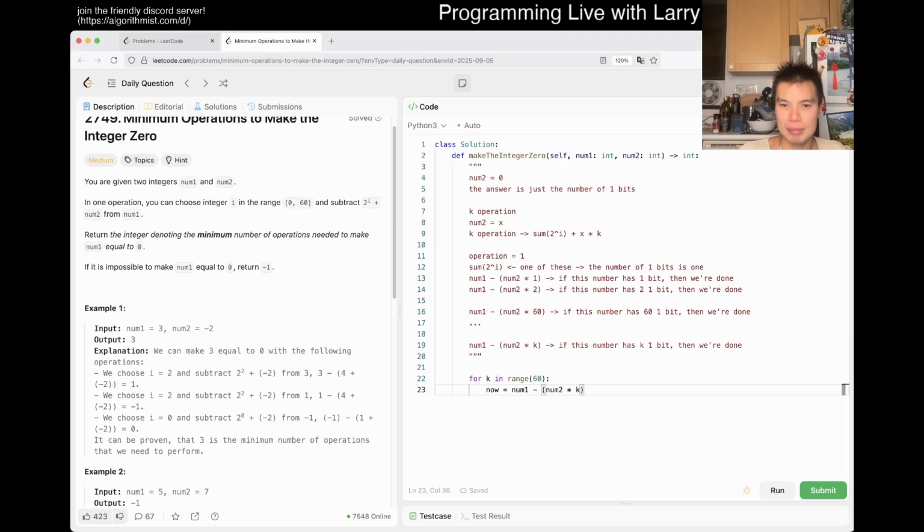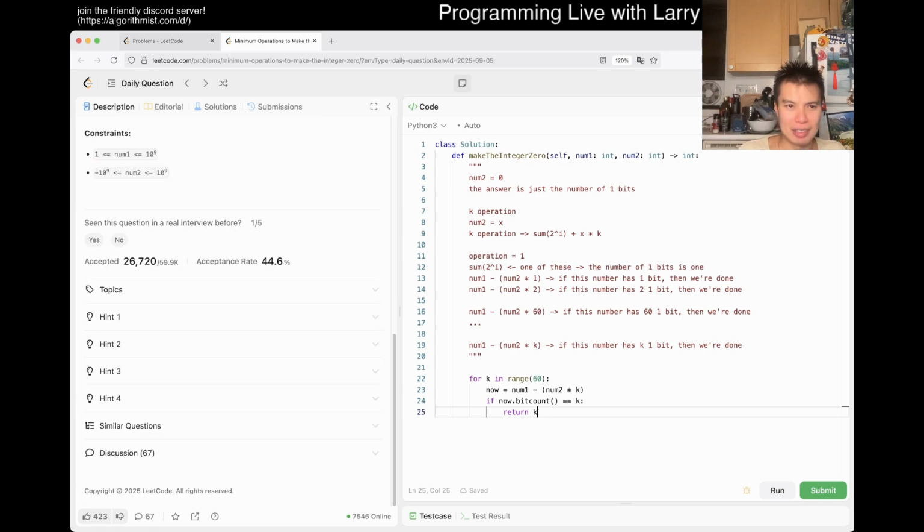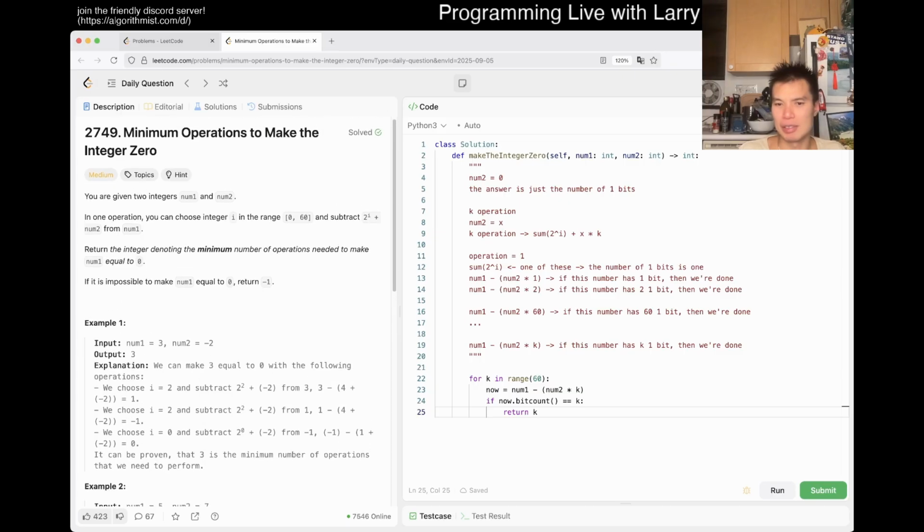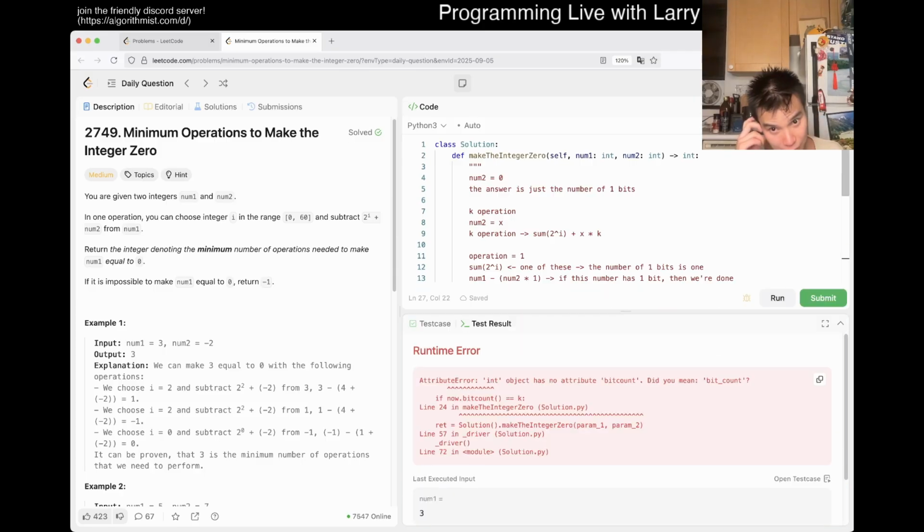If now dot bit count, I always forget what it is, it's either this or underscore, I always forget, so we'll see. Then we can return k. Can this be 0? I guess if they're both 0, then you don't need any operation. Yeah, it should be okay. And then else return -1. And that should be good, hopefully.